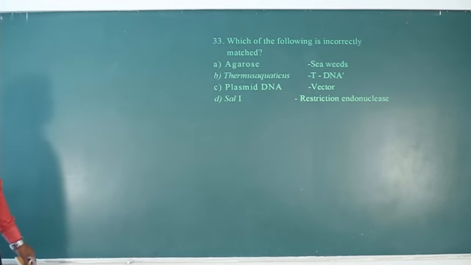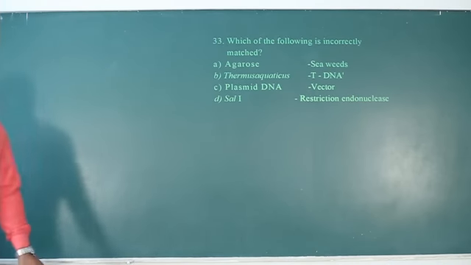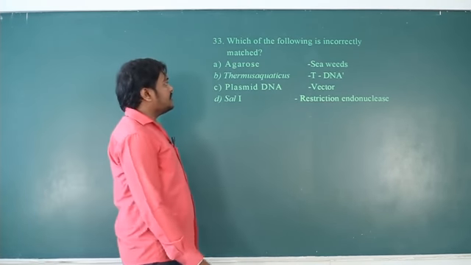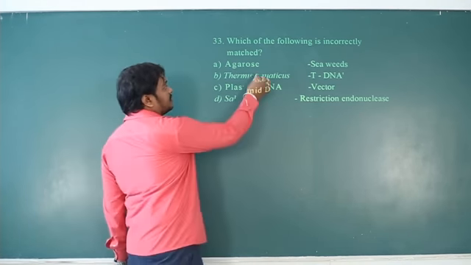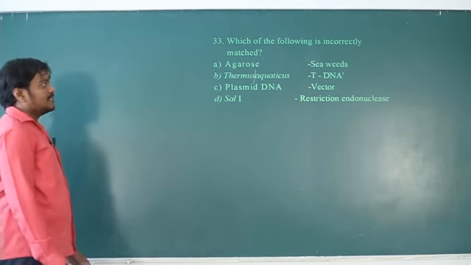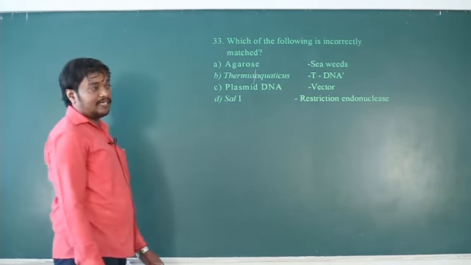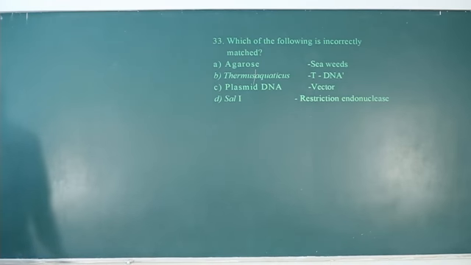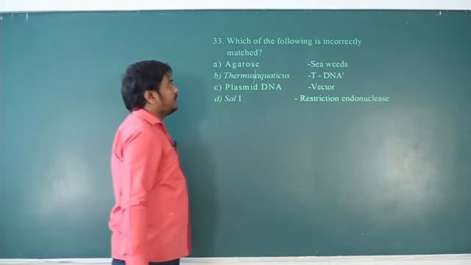Which of the following is incorrectly matched? Agarose, seaweed; Thermus aquaticus, tDNA; plasmid DNA, vector; SalI is a restriction endonuclease. SalI is a restriction enzyme present on pBR322 in the tetracycline gene.